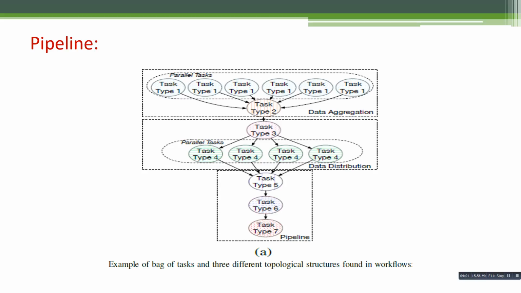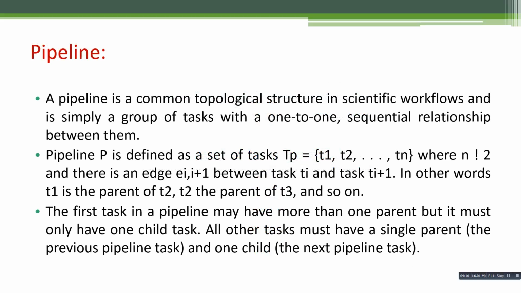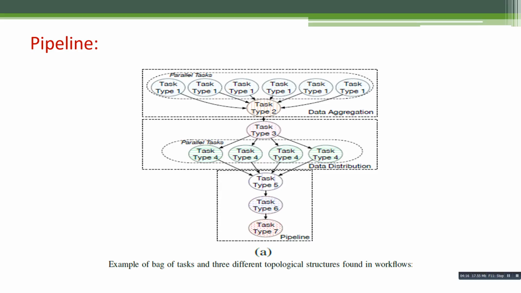So when it comes to the working of the pipeline, here there are several tasks. As I mentioned, the first task in the pipeline may have more than one parent, but it must have only one child. So task 2 is the child of task 1, and task 2 has more than one parent.